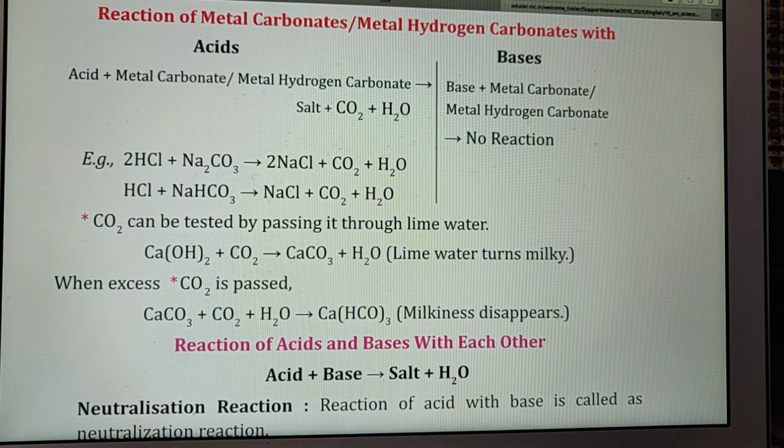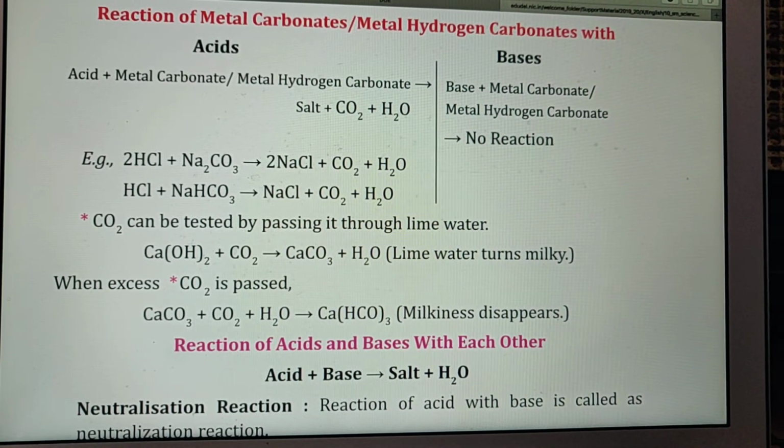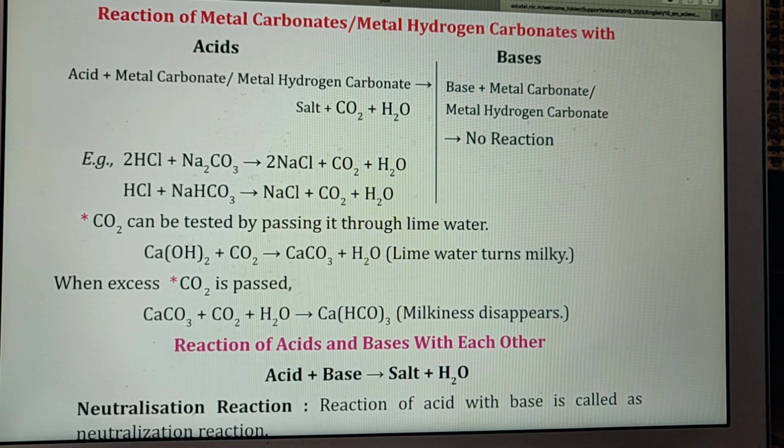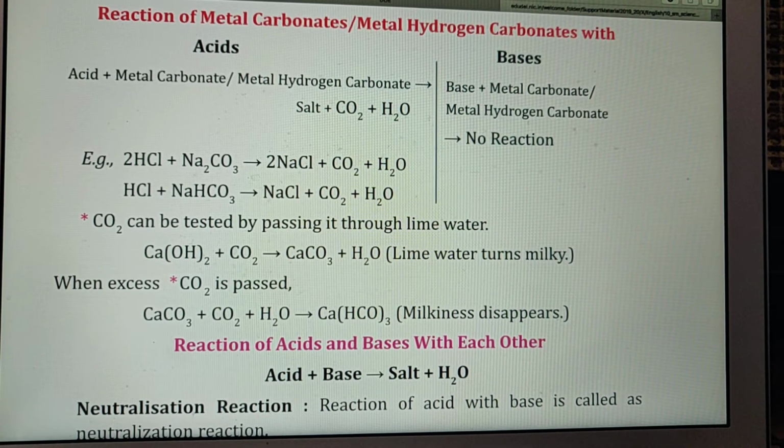Example: HCl with Na2CO3, this is the metal carbonate, gives sodium chloride, carbon dioxide and water. HCl with sodium bicarbonate gives sodium chloride, carbon dioxide and water. As we have said, salt plus carbon dioxide and water, and with the base there is no reaction.